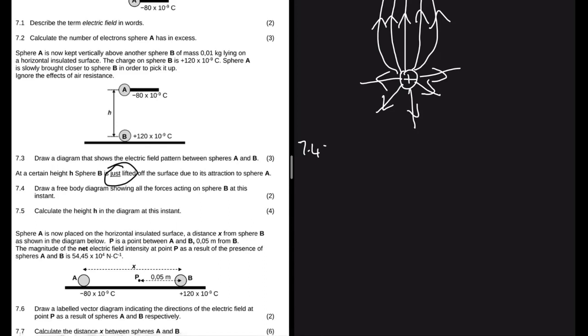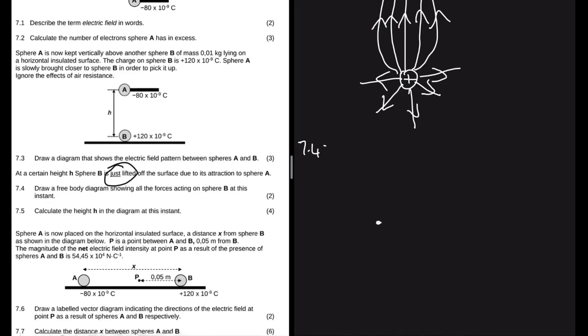So let's talk about the keyword just in this statement. If it is just lifted off, then that tells us that the force that is lifting it off and the force that is keeping it down are very, very close to each other. They are approximately equal. So that's why it is just lifted off for a split second.